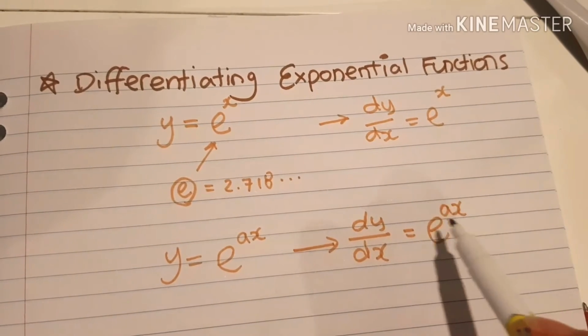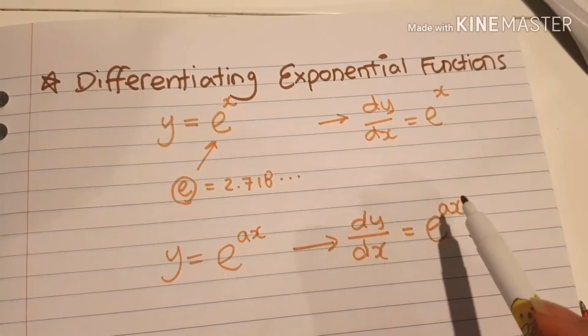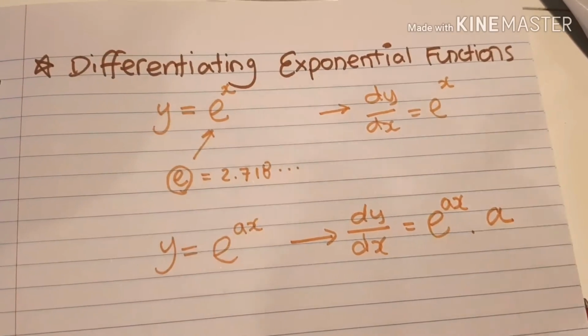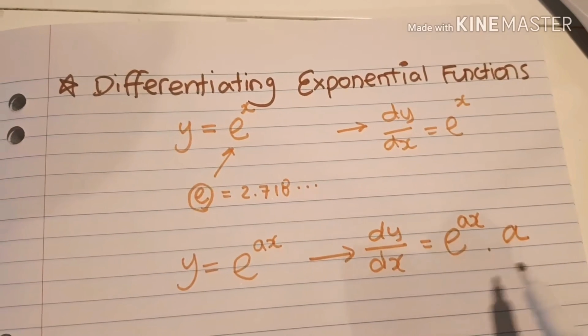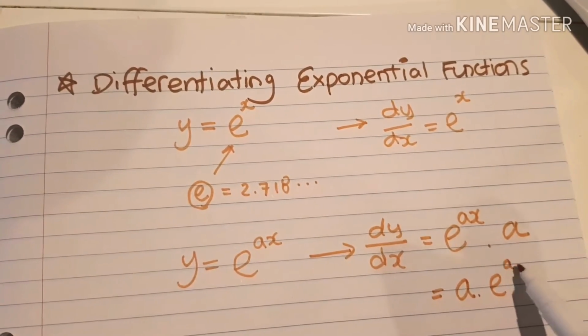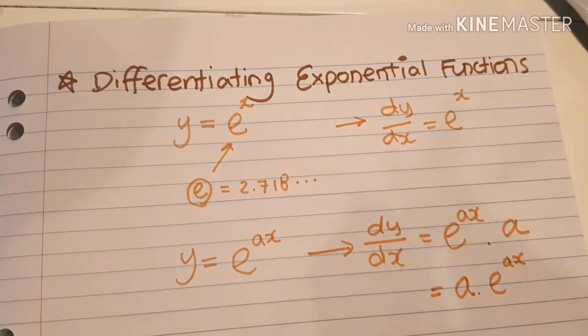If I differentiate ax, then x will disappear because x is to the power of 1, and I'll only leave a. So a will be multiplied, and I can rewrite it as a e to the power of ax. This dot is not a decimal, it's multiplication.